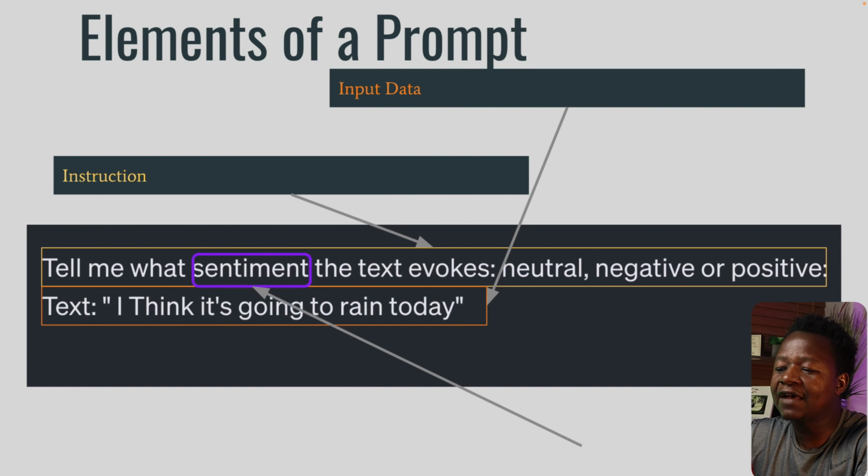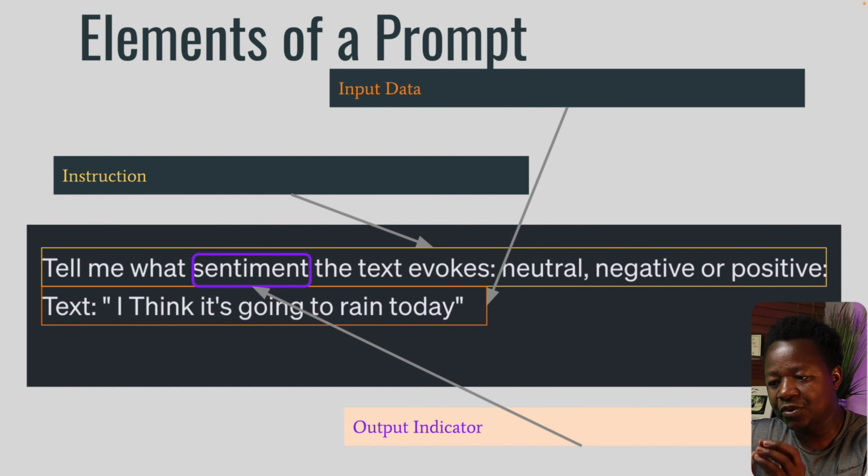And the next thing we have here is sentiment. The sentiment is the output indicator. So we're saying in this case, what we want to happen, we want you, ChatGPT, to tell me what is the sentiment. So evaluate this instruction with this input data, the sentiment, which is going to be the output indicator. What output do we want? Well, we want the output of a sentiment.